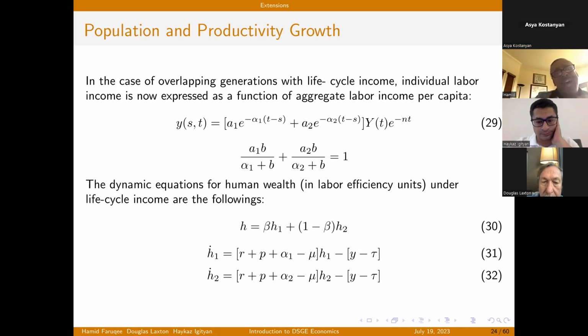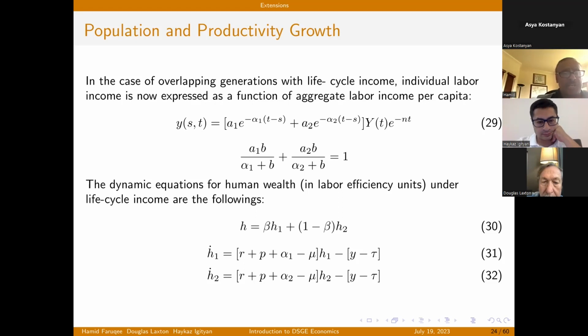In that case, what you need to do is express individual labor income in relative terms, relative to average income per capita. And that's the last term outside the square brackets in equation 29. There's an adding up constraint that's also needed so that individual labor incomes Y_s of t add up, when you aggregate them across all generations, to Y of t. And that's what the adding up constraint reflects.